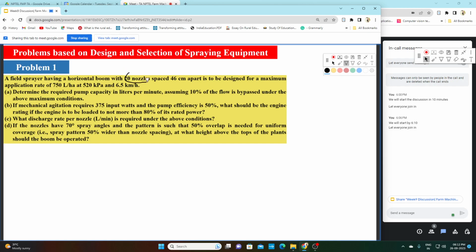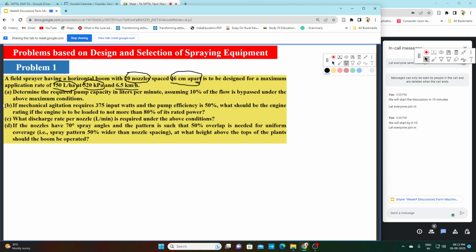The number of nozzles, 20, then the nozzle spacing, 46 centimeter, then the application rate, 750 liter per hectare, the pressure of the nozzle, 520 kilopascal, and also the speed of the sprayer, 6.5 kilometer per hour.